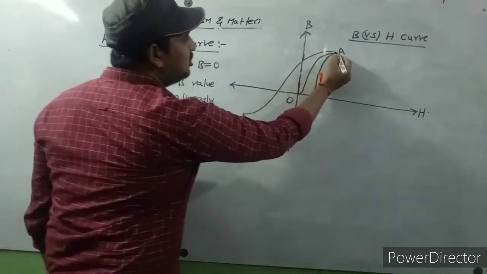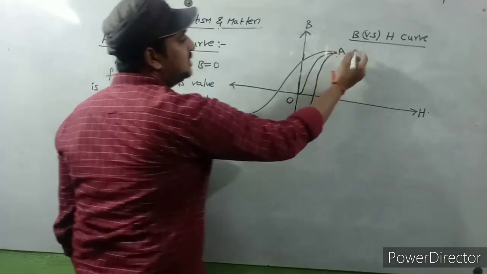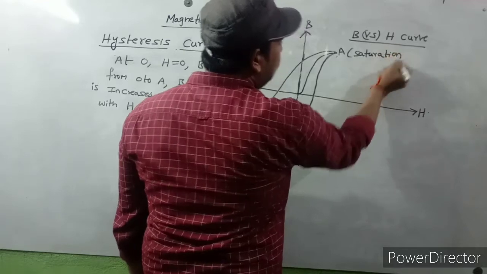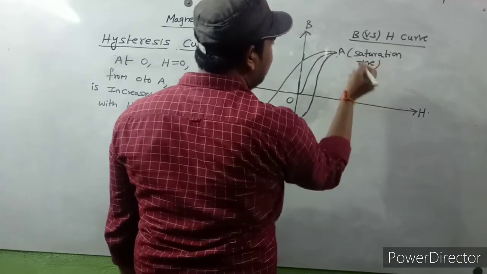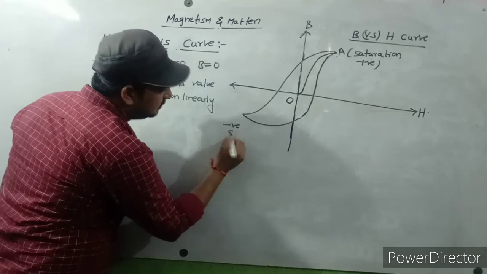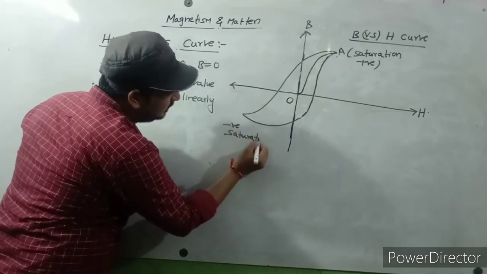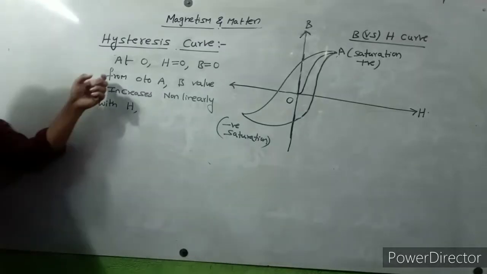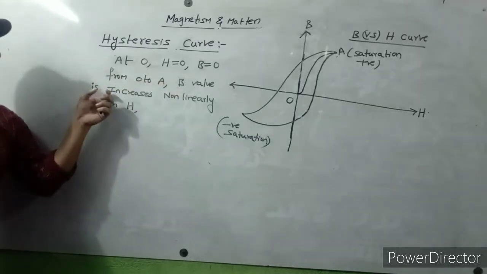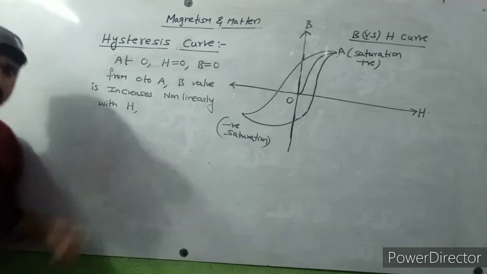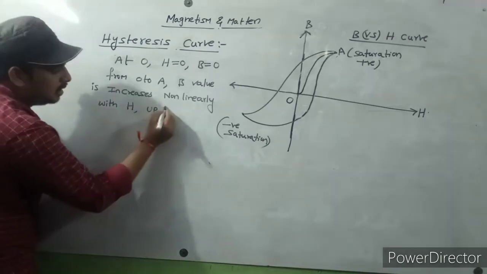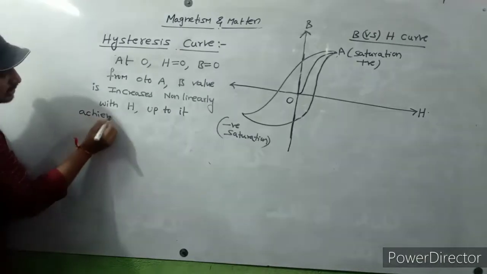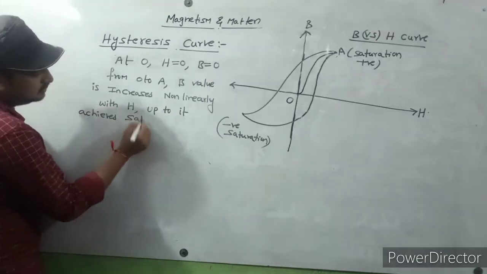Next, once it reaches the saturation region, this is called saturation. This is positive saturation, and this is negative saturation. So from O to A, the B value increases non-linearly with H until it achieves saturation.